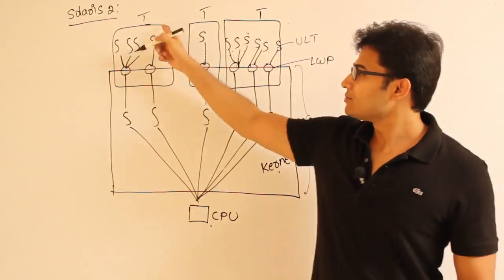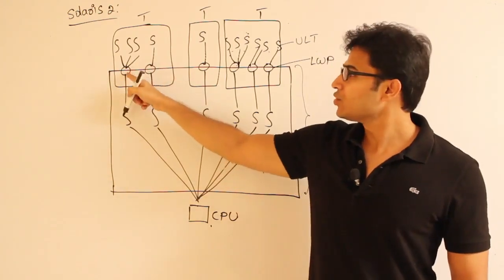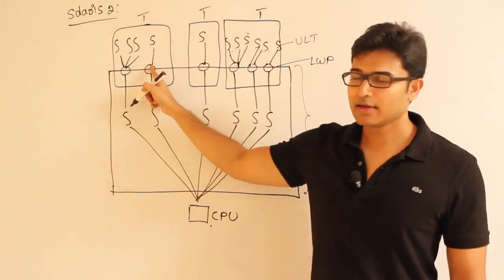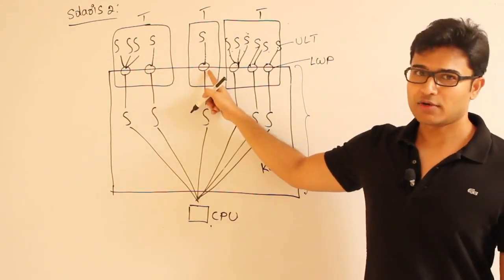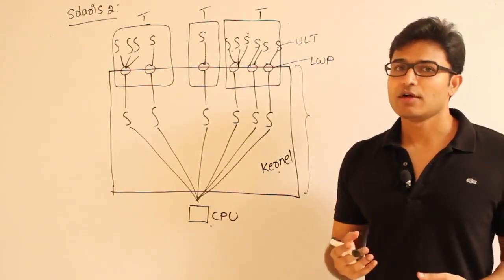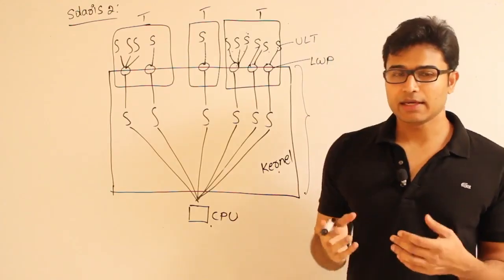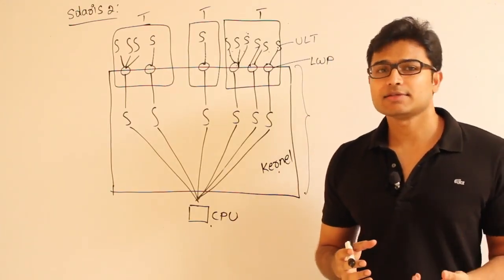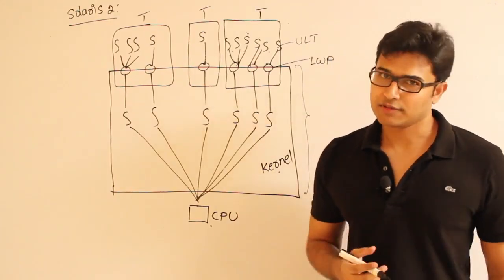For example, this particular task has two lightweight processes, this one has only one lightweight process, and this has three lightweight processes.